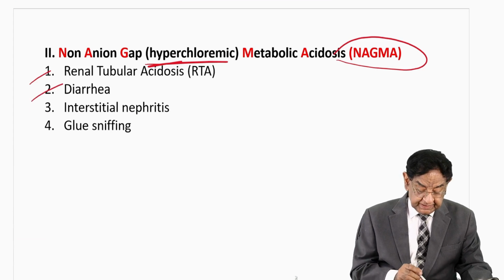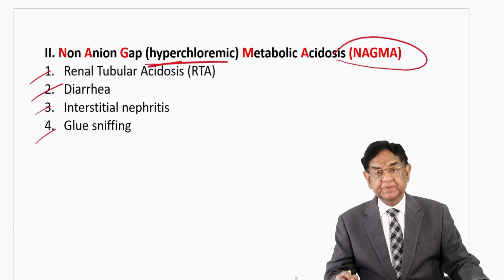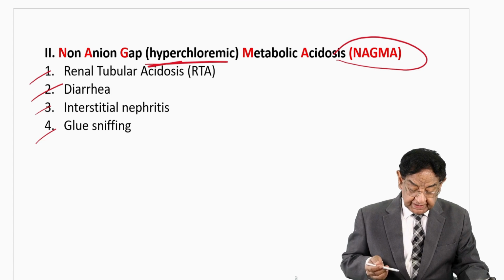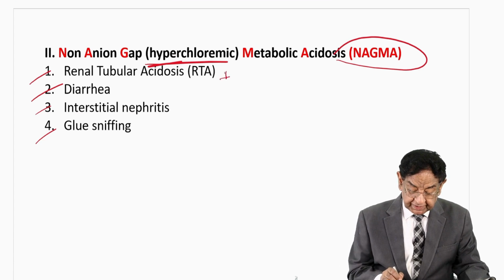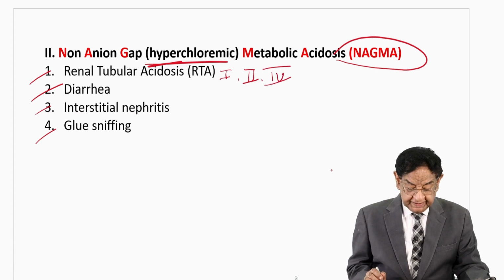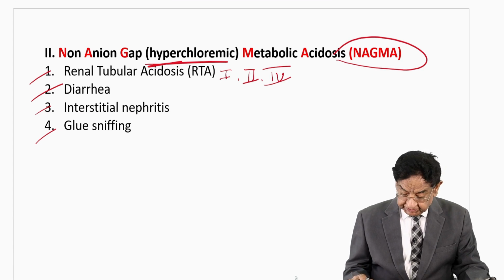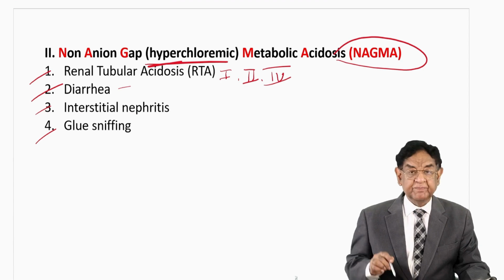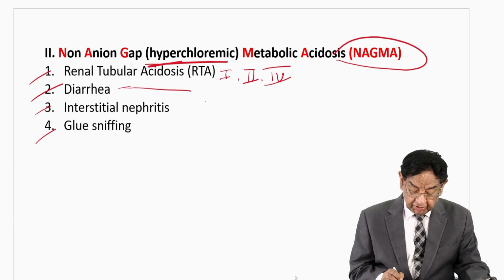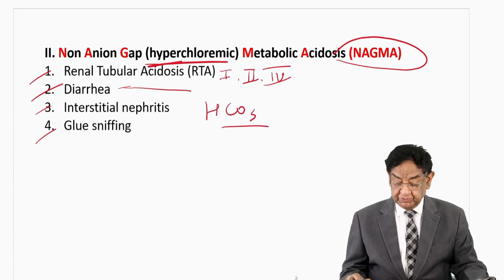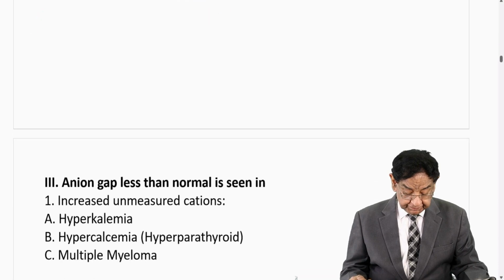Diarrhea, interstitial nephritis, glue sniffing. As I told you, RTA type 1, type 2, type 4, all have normal anion gap and are also known as hyperchloremic metabolic acidosis. Diarrhea is again an important cause. Here bicarb is lost, and that can lead to a type of NAGMA.